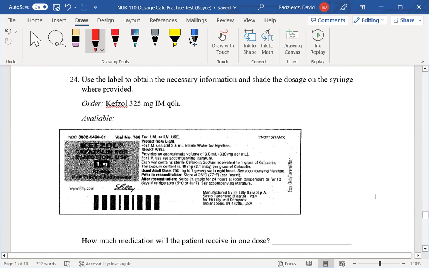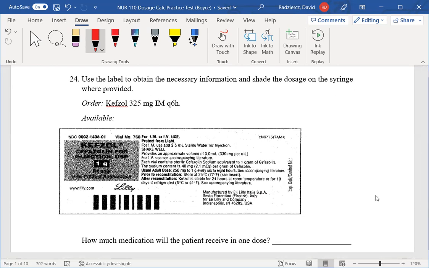All right. So for this question, it tells us that we have an order of 325 milligrams intramuscular. Remember, if it's intramuscular, milliliters. Before I do anything, I know that I'm going to be calculating milliliters.